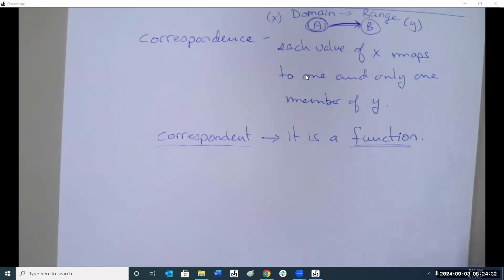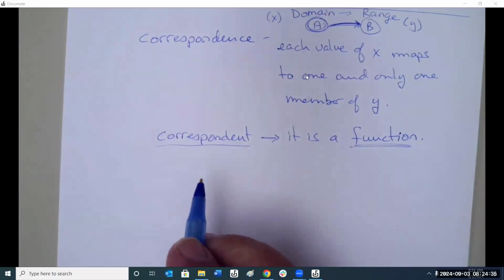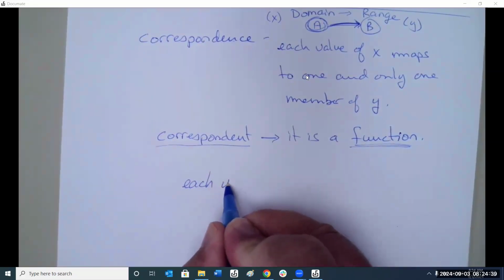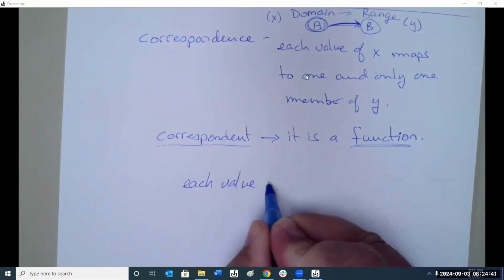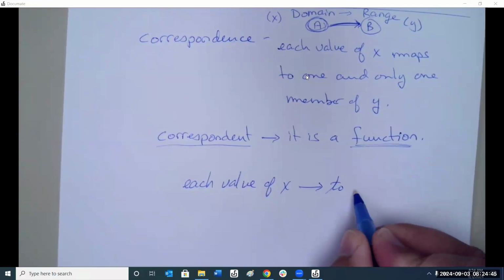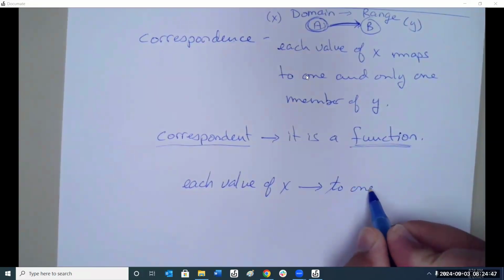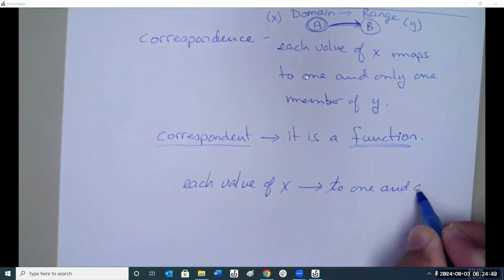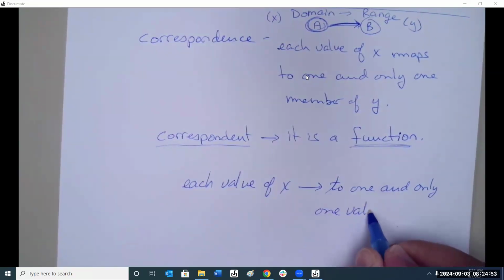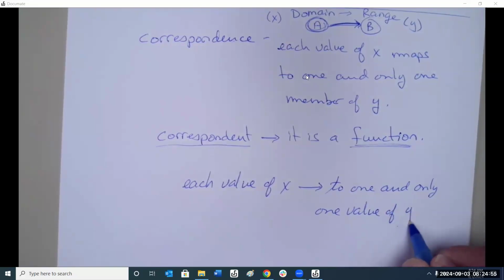Now, what does that mean? Each value of x maps to one and only one value of y.